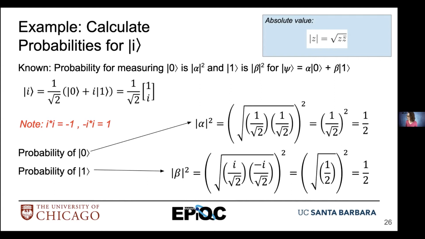We multiply our i's together. We know negative i times i is going to give us a 1. So we have 1/2 under a square root and then squared. That will give us a 1/2 once again. So even though we had an imaginary value in that probability amplitude, we were still able to get a real value for our probability associated with ket 1.